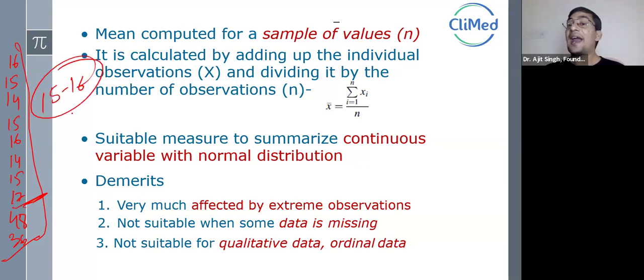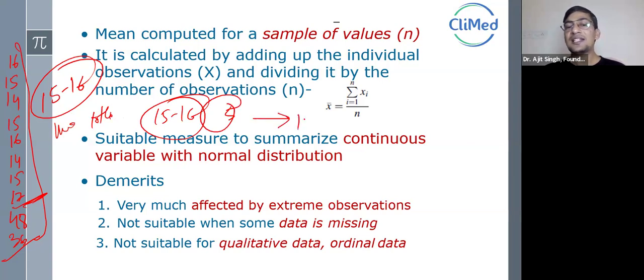And ideally, the average age of the 10th class must be somewhere around 15 or 16 only, because the government says the kid has to start studying at the age of 5. So by the time he or she is in 10th class, they will be 15 years of age, right?